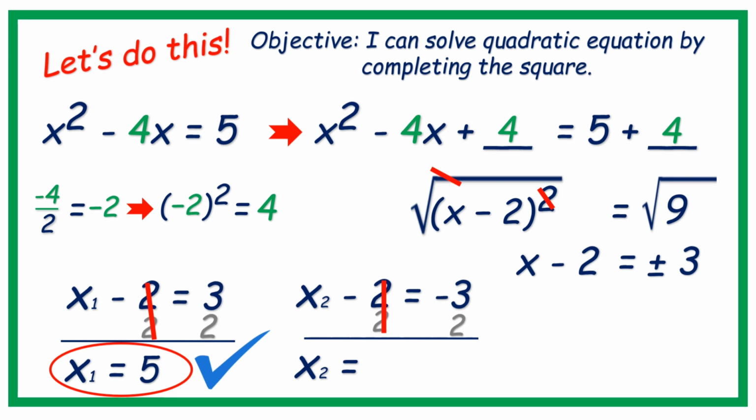Again, when you add different signs, simply subtract and copy the sign of the higher number, which means we need to get the negative. So the answer is negative 1. So our x sub 2 is negative 1. There you have it, boys and girls, ladies and gentlemen. You just solved a quadratic equation by completing the square.